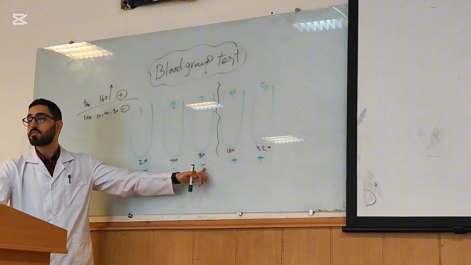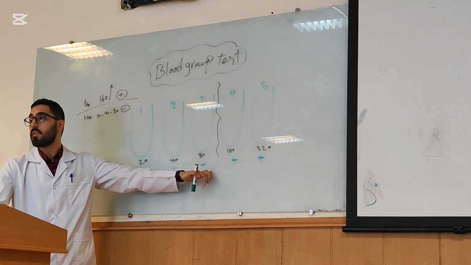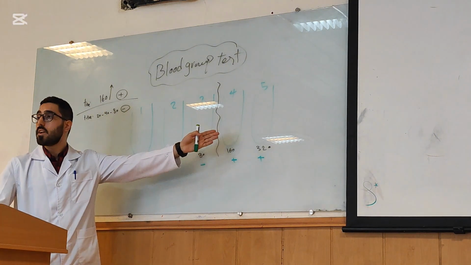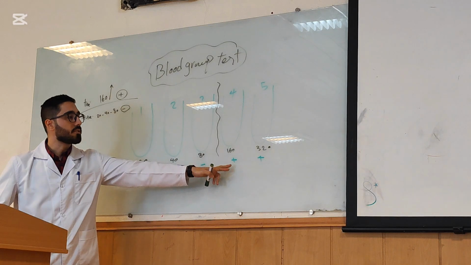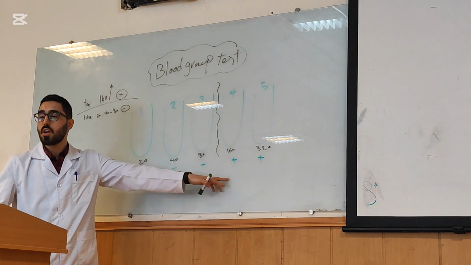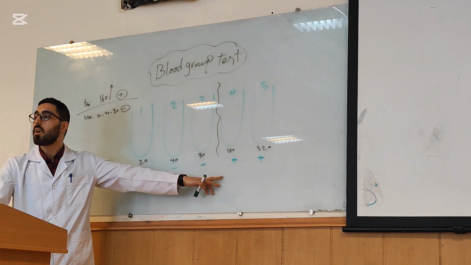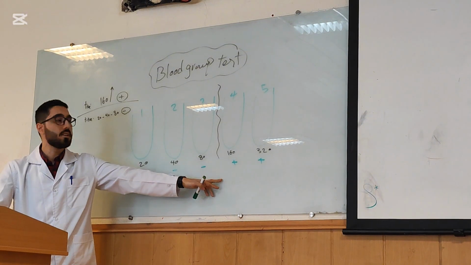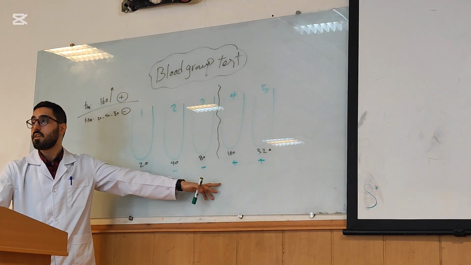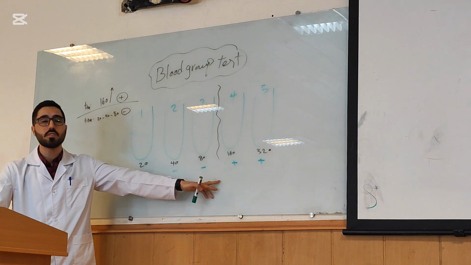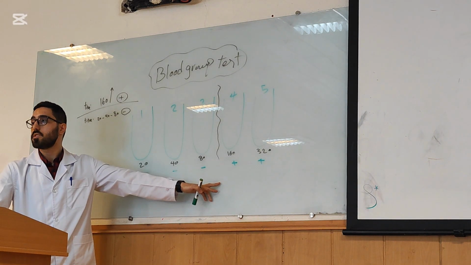What is the number of titers? 18. This is my borderline. 160 is after 18, it means 160 and 320, we call it positive. My patient has brucellosis and is infected with brucella antigen.